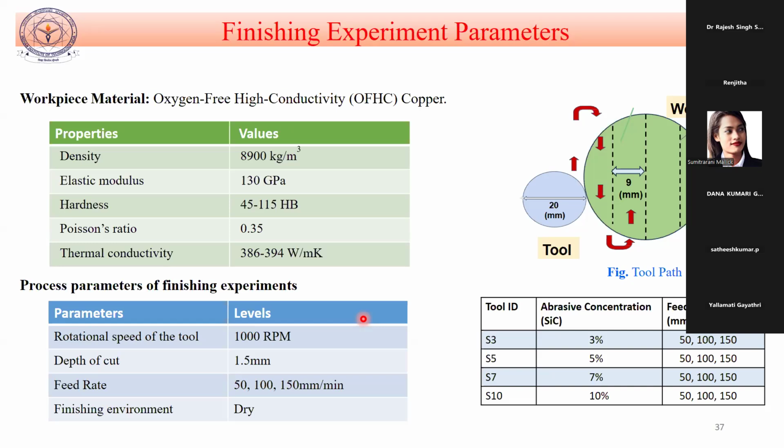Then for this, this is our finishing parameter: 1000 RPM spindle speed, depth, not actually depth of cut, this is the depth of penetration, 1.5 mm, and initially we use 3 feeds: 50, 100, 150 mm per minute, and we did all experiments for 3%, 5%, 7%, and 10% concentration.